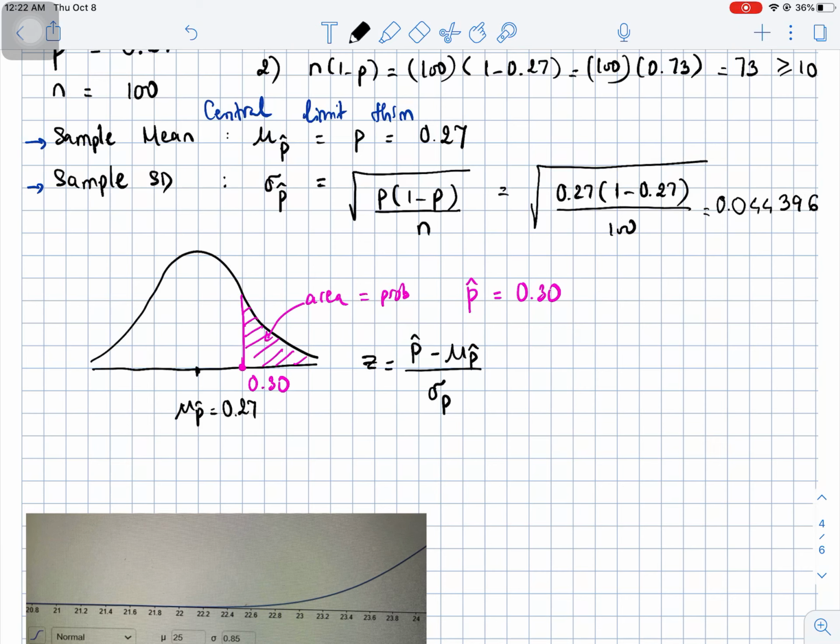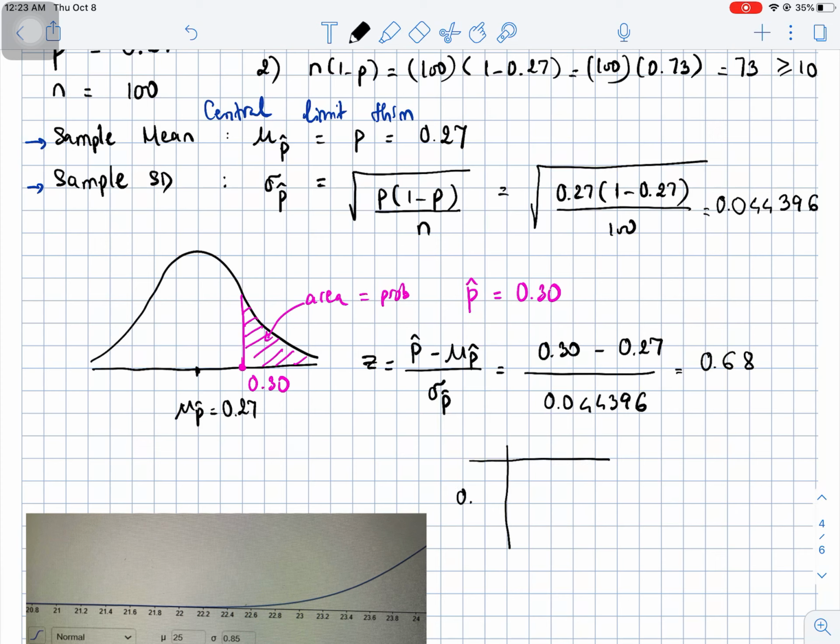The formula to find z is z equals p hat minus mu of p hat divided by sigma of p hat. p hat is 0.30 minus 0.27 divided by 0.044396. We get the answer 0.68.